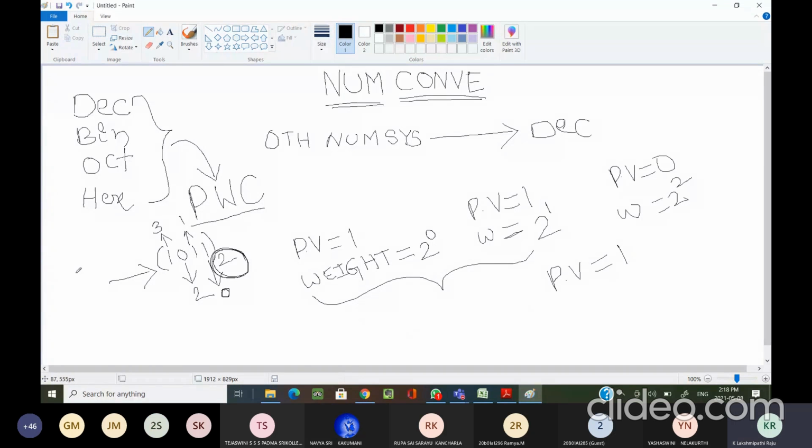What is the weight? 2 cube. Very good. That is about the positional weighted codes concept. Am I clear to everyone?